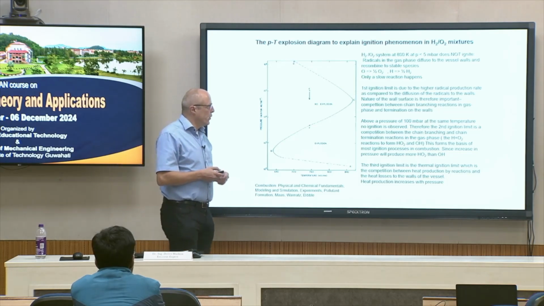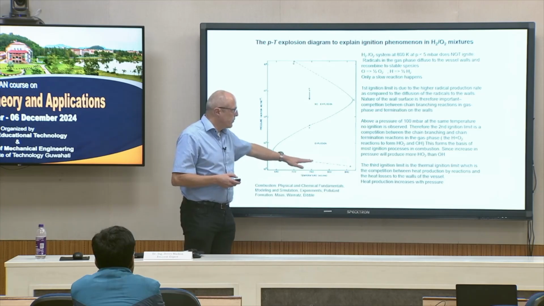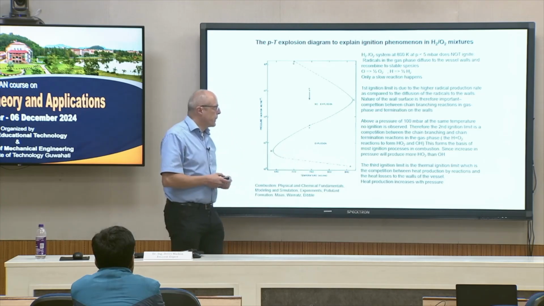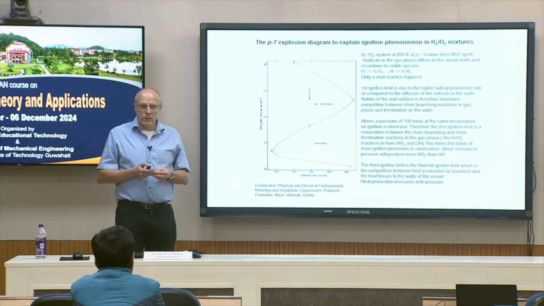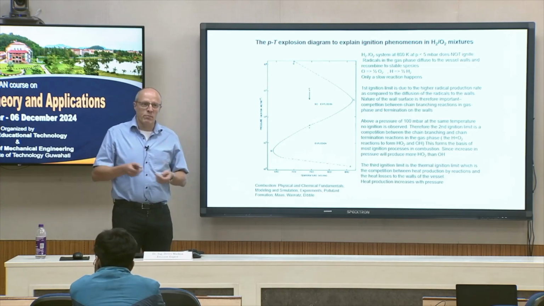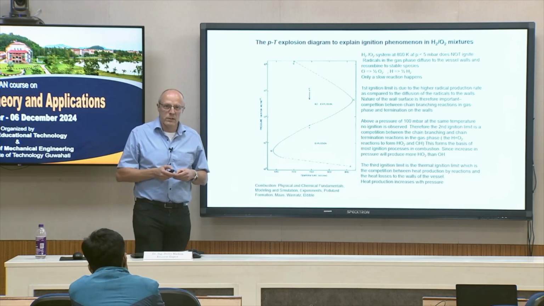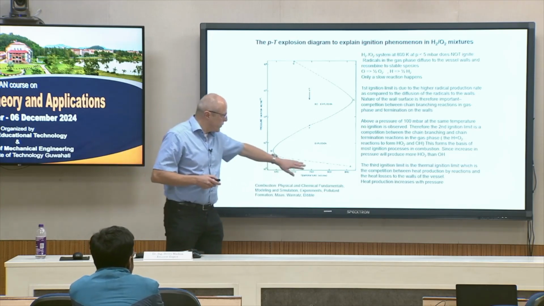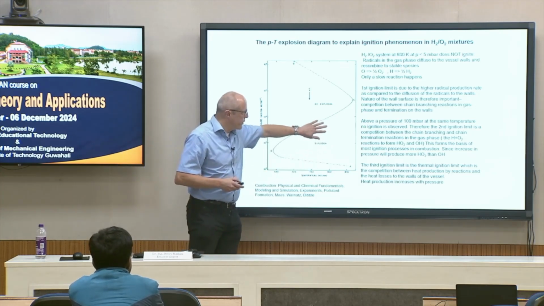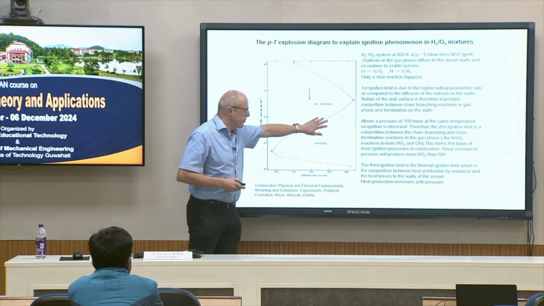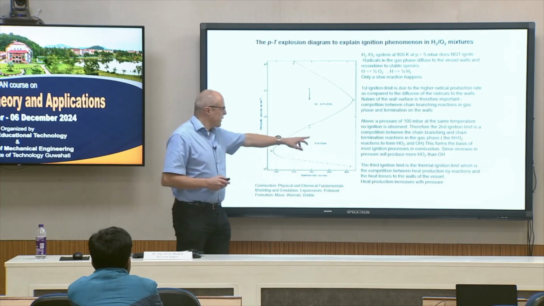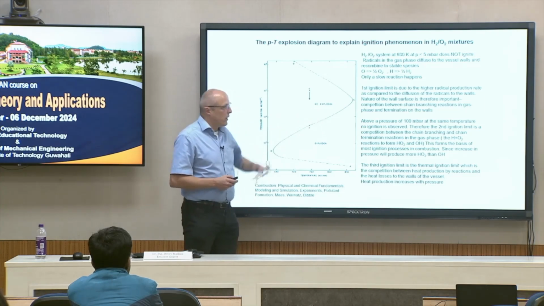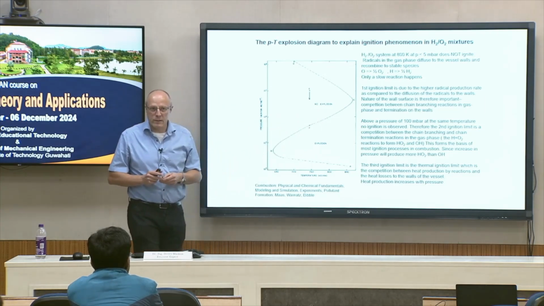And so if you increase then the pressure, the density also increases, and therefore you have more collisions of the molecules, and then you are in a region where you have ignition, and then suddenly at around 100 millibar you find the next limit.